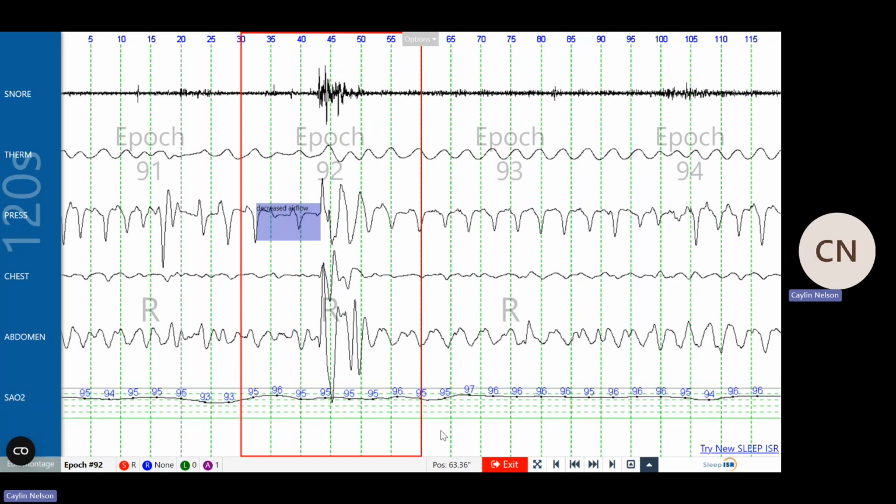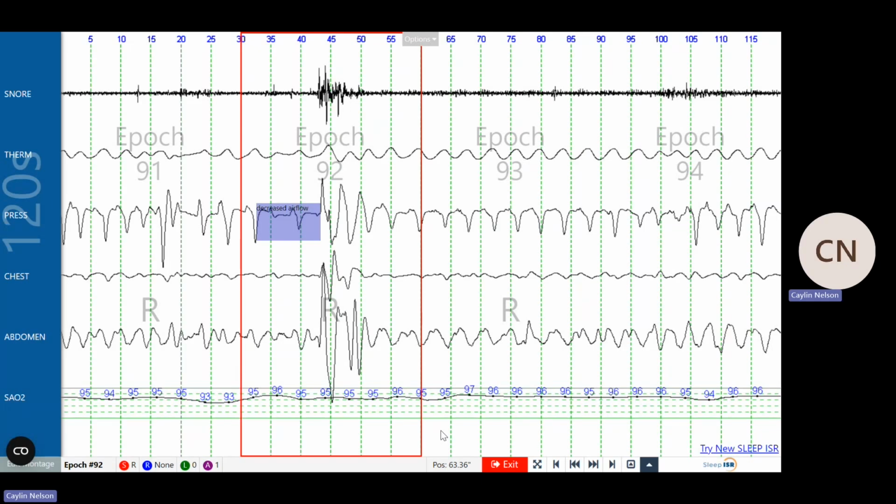That will be counted as a hypopnea through the ASM guidelines, which we are following, the 3% desaturation rule. So the 3% desaturation or the arousal that follows the 10 seconds of decreased airflow.